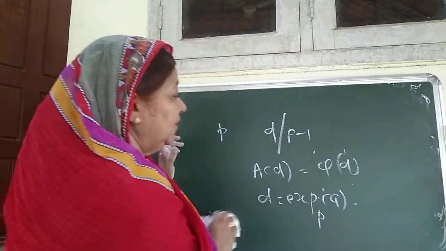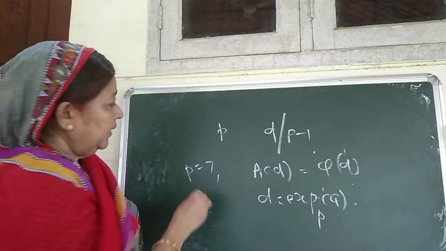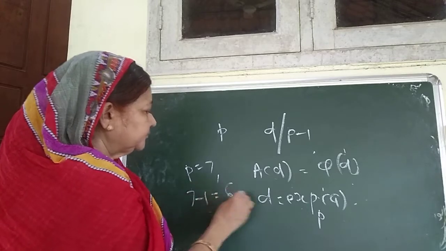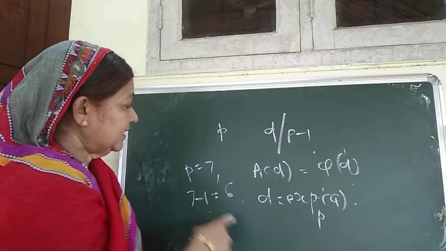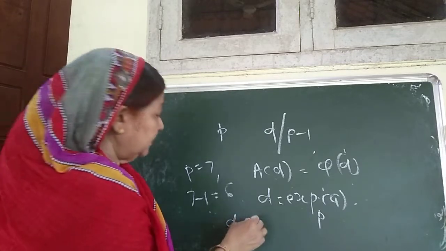We have seen that for, say, p equal to 7, then p minus 1 equals 6. Then we see that there are so many divisors. One of the divisors, d, is say 3.